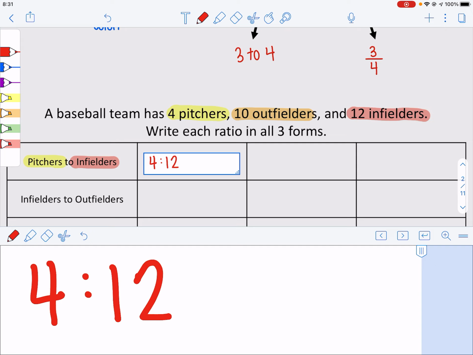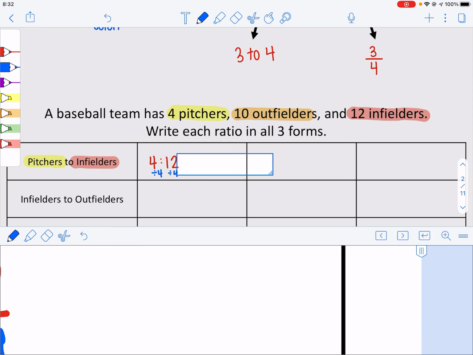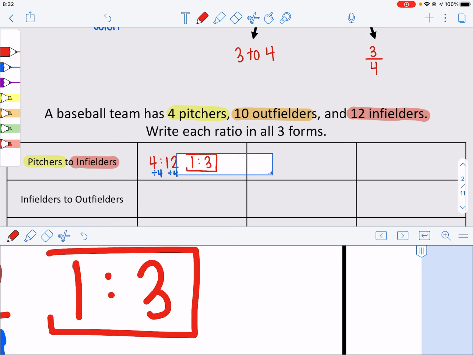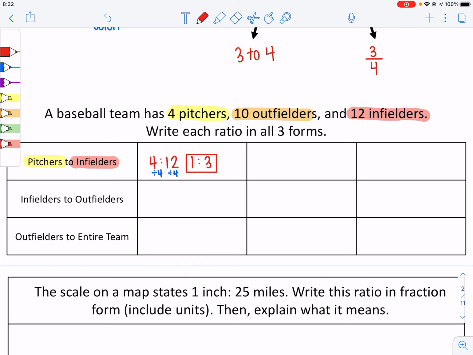And then you always have to simplify. I know that I can divide both of these numbers by 4. When I do that, I end up with 1:3. So my ratio is 1:3 when I write it that way. Then I'm also going to write my ratio the other ways.